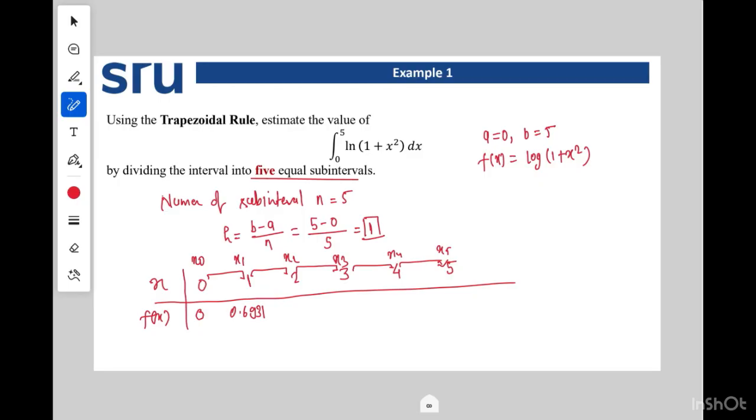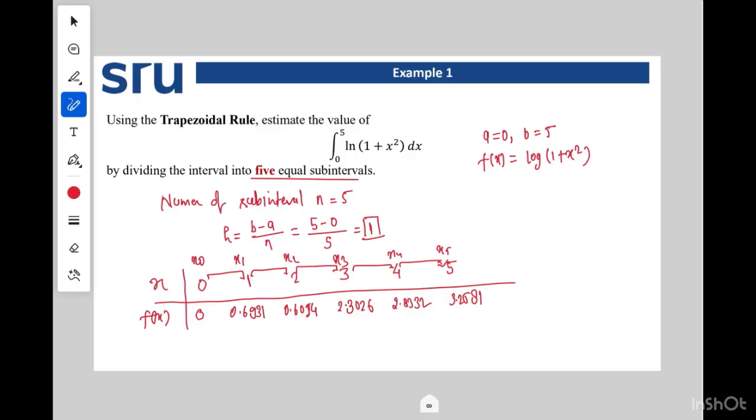And f2 is 0.6094, not 54, this is 94. f3 is 2.3026, f4 is 2.8332, and f5 is 3.2581. Now we have the data points and their function values.